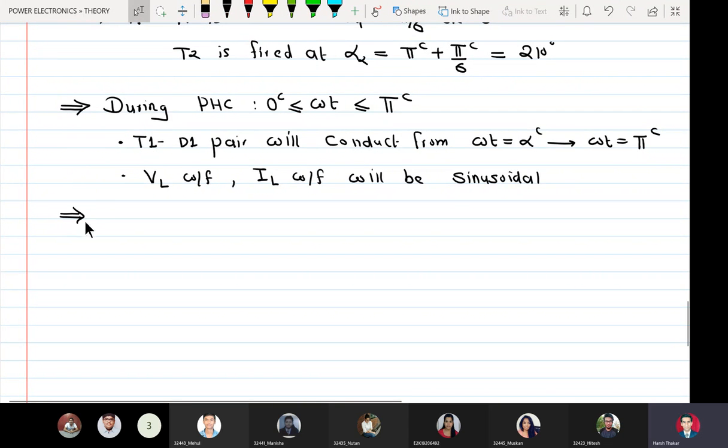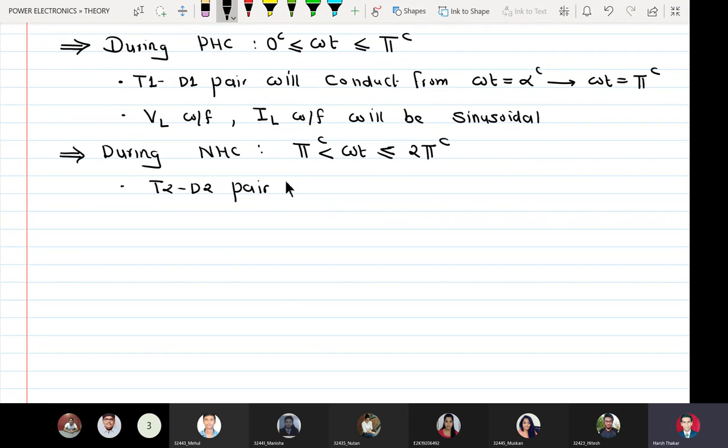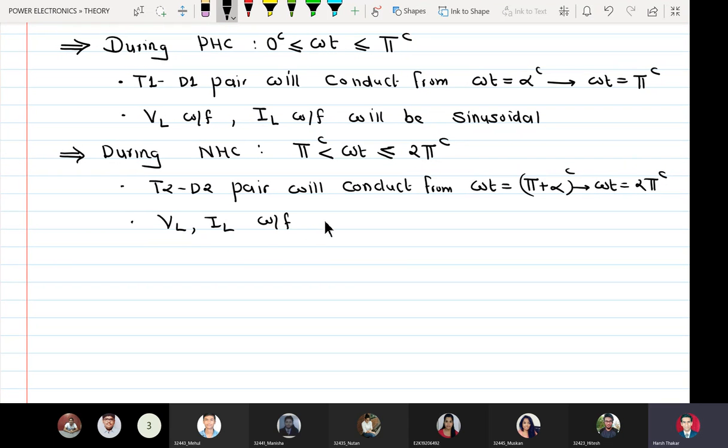Similarly, we can write during negative half cycle, that is omega t greater than pi radians less than or equal to 2 pi radians, T2, D2 pair will conduct from omega t equal to pi plus alpha radians to omega t equal to 2 pi radians, and again VL, IL waveforms will be purely sinusoidal.